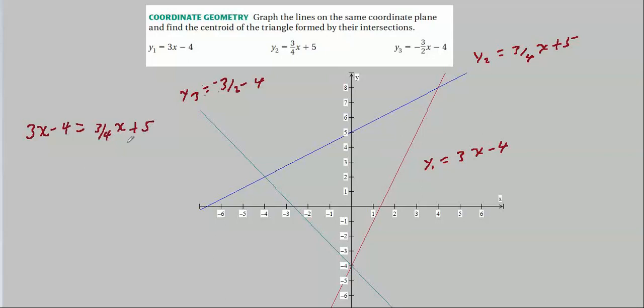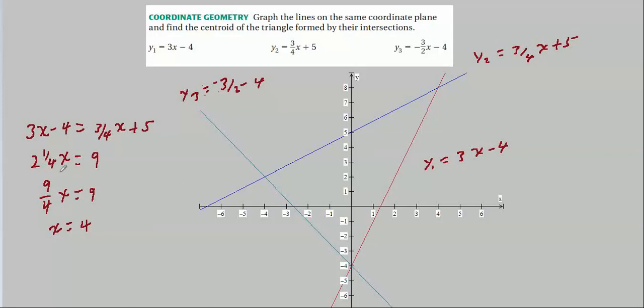Okay, let's subtract 3/4 x from each side and get 2 and 1/4 x. We'll add 4 to each side, equals 9. Well, that's the same as 9 over 4 x equals 9, or x equals 4.